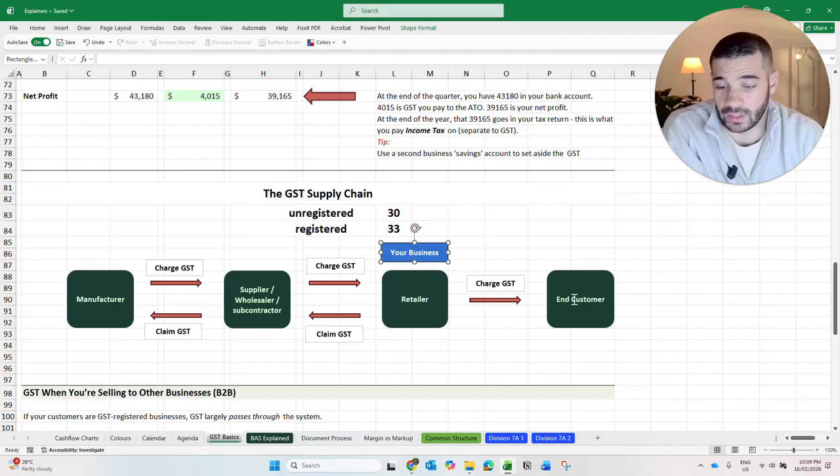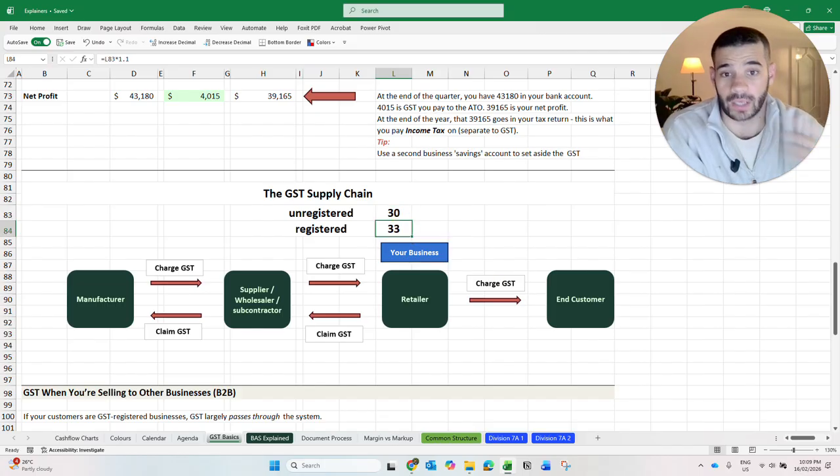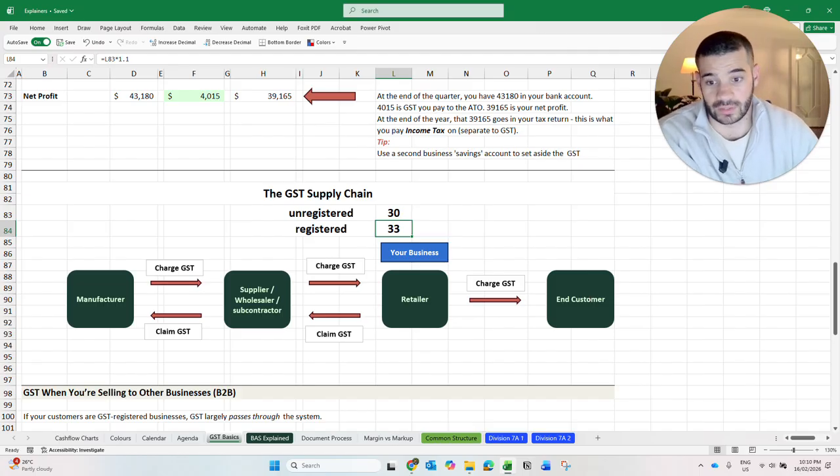So now the end consumer, their price point has truly changed from $30 to $33, because when I go to the barbershop, I don't get to claim the GST. The end consumer doesn't get to claim the GST, okay? That's how it works. That's how the government eventually gets the tax.